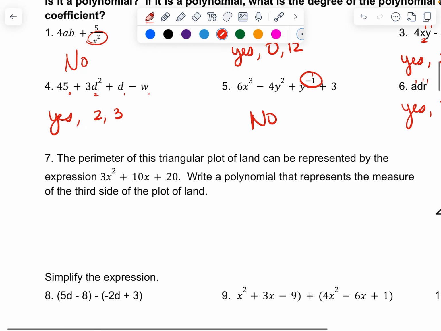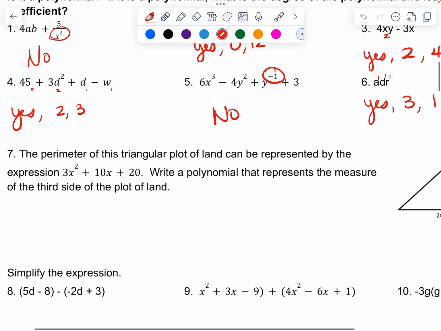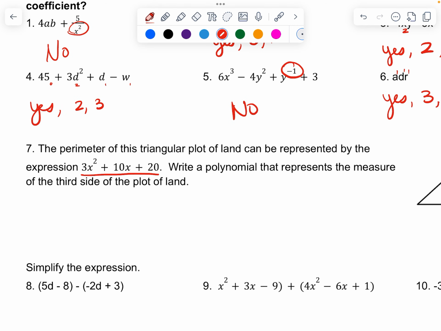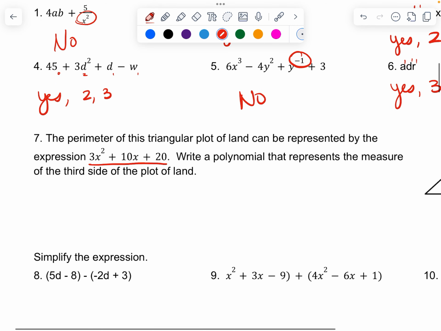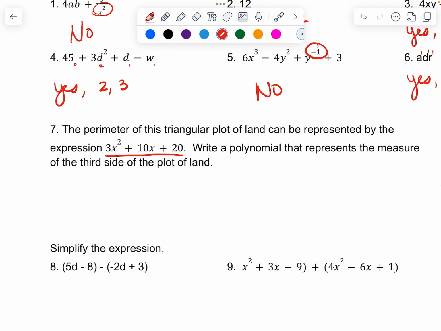Okay. So this next one, the perimeter of the triangular plot, this one right here, is represented by this expression. Write a polynomial that represents the measure of the third side. So perimeter, you add up all the sides.